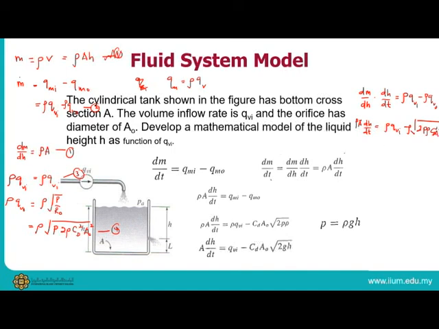If you simplify this one, you can cancel out all the rhos, so you get A dh over dt equal to Qvi minus Cd A0 square root of 2P over rho. Basically this is your mathematical model for this system.